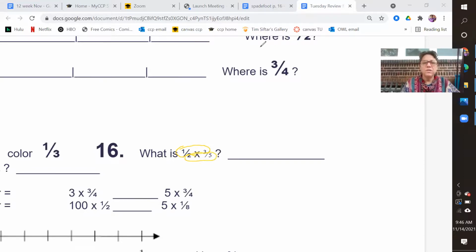So let's start with the top 2 numbers. What's 1 times 3? It is 3. What's 2 times 5? 5 plus 5 is 10. And that's the answer for this one. Okay, so 3 tenths. Can we make it smaller? No, because 10 divided by 3, that's not what we're doing. Are they both factors? No. All right.